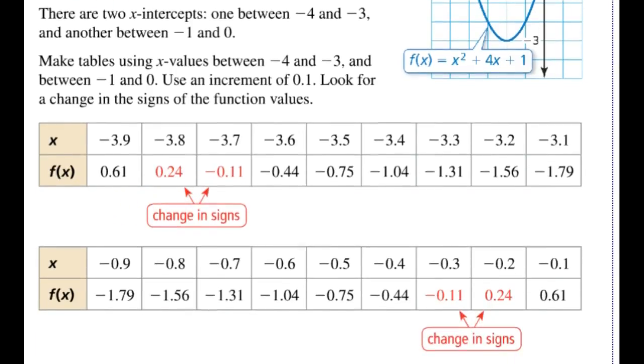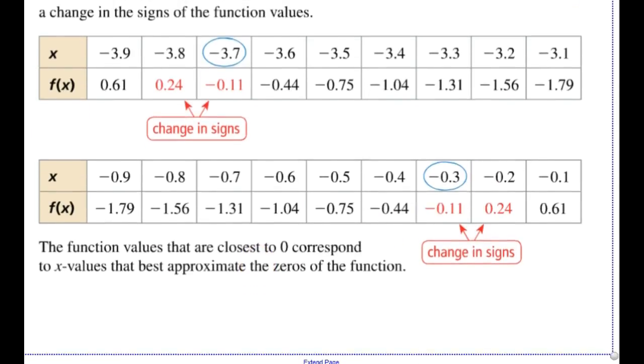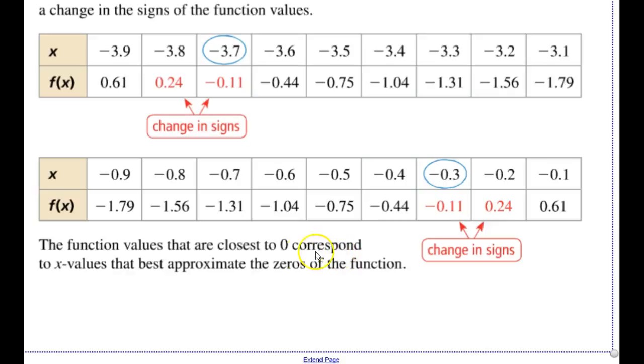So now let's look at our second grouping, where our second intercept was. I started at -0.9, and again I still have the same increments, and I plug these into my calculator, and I see I still have negative values down here. Oh, and then all of a sudden I change my signs, so this tells me that this is where my other intercept is. The function values that are closest to 0 correspond with the best approximation.